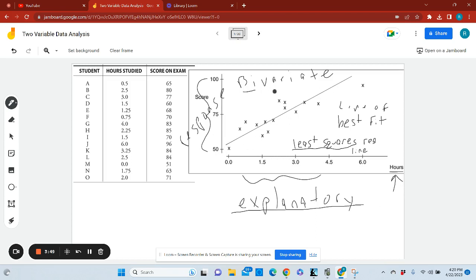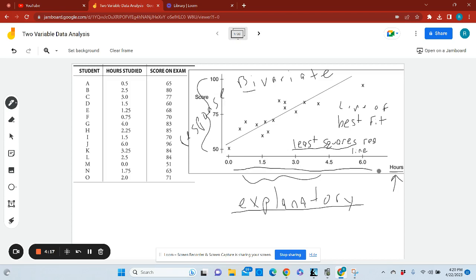And we can do this with all kinds of different two variable data and two variable relationships. Okay. Now, this particular scatter plot here would have a positive association between the x variable and the y variable. And a positive association is when values that are higher in one variable are associated with values that are higher in the other variable.